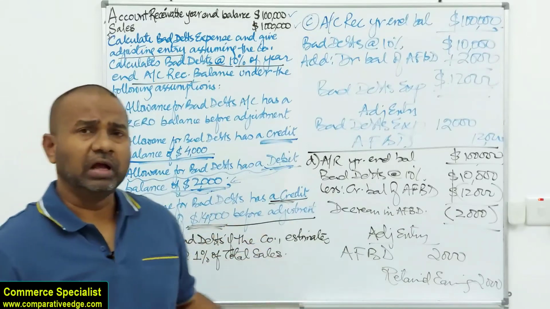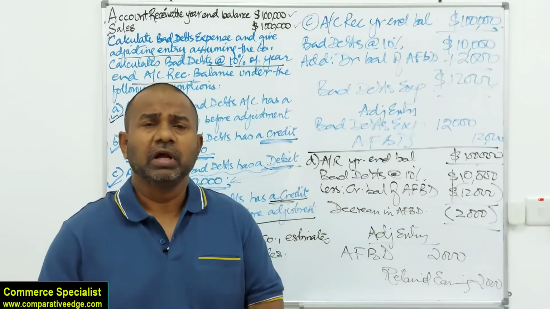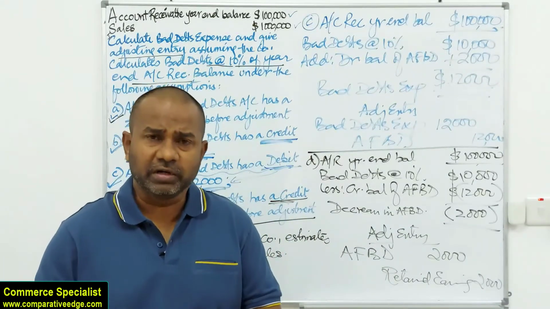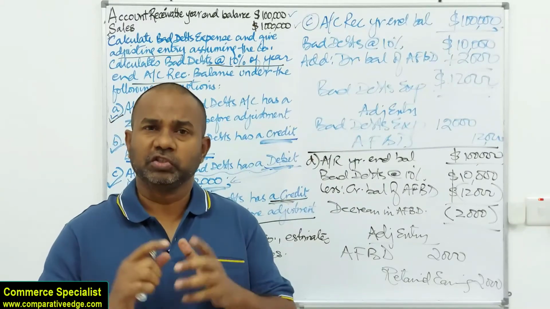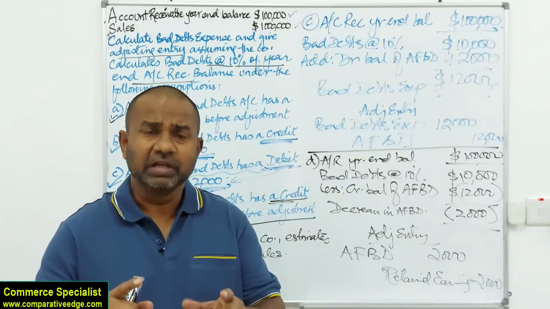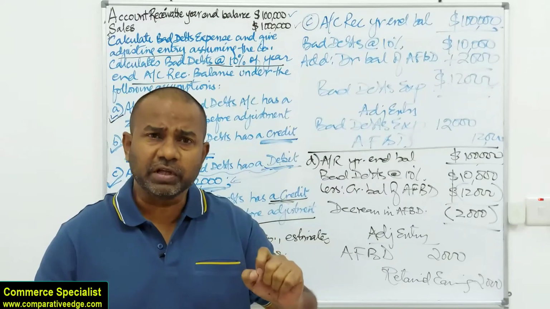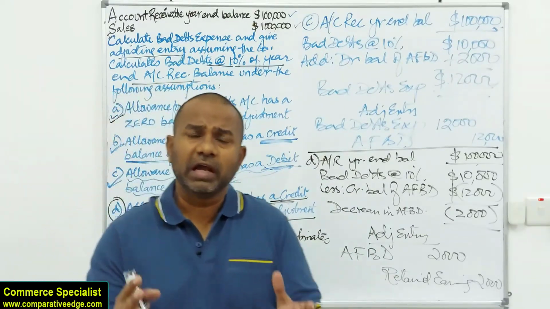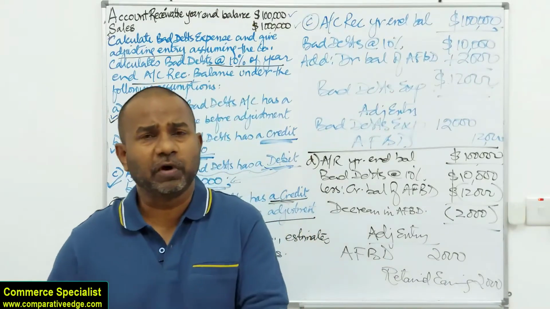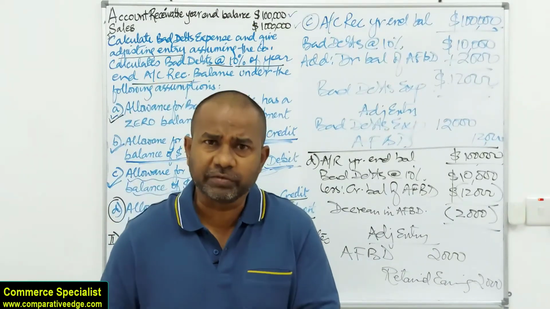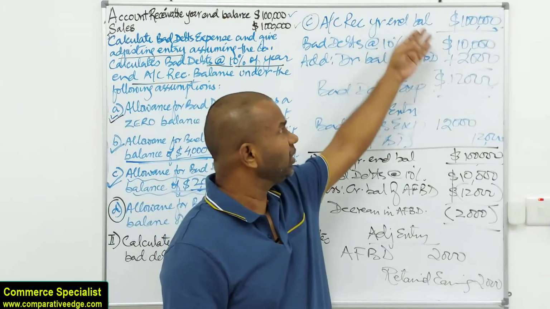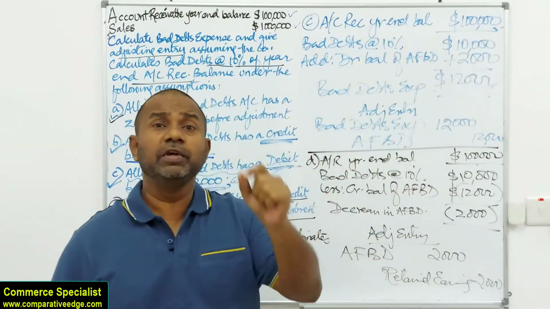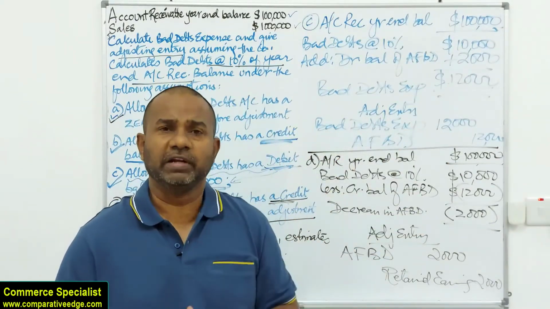Ladies and gentlemen, I hope you have understood how bad debts are calculated under balance sheet approach. Balance sheet approach means when bad debts are estimated as a certain percentage of year-end account receivable. What we do is, we look at the year-end account receivable, look at the company's policy, whether it is 10%, 20%, we calculate 10 or 20% of the year-end account receivable, then we look at what is the allowance for bad debts balance.